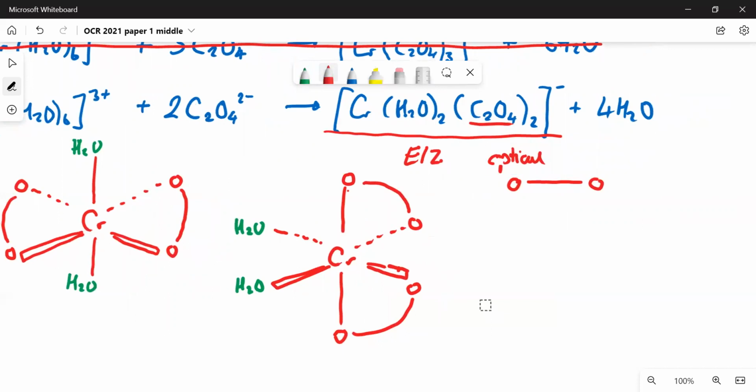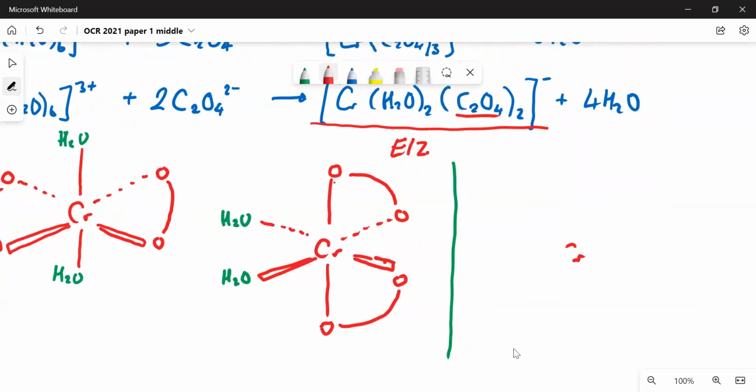Okay, so if I draw a mirror image of that, so here's our mirror, and I'll draw chromium here. 2 into the plane of the paper, 2 coming out of the paper. Right, the mirror image of that, so that means you have the waters over on this side now.